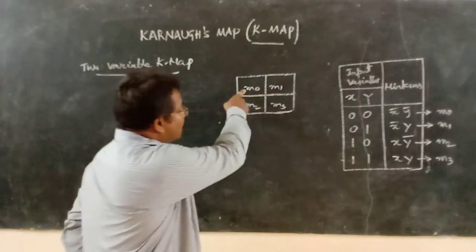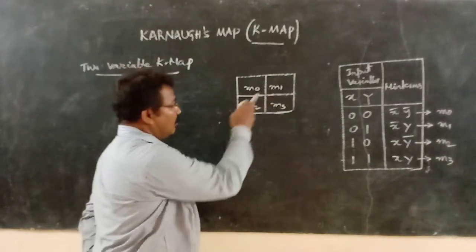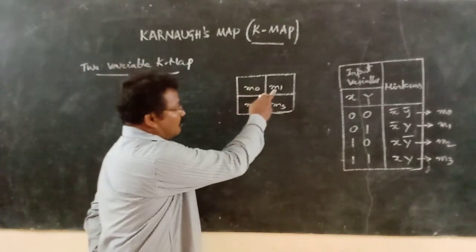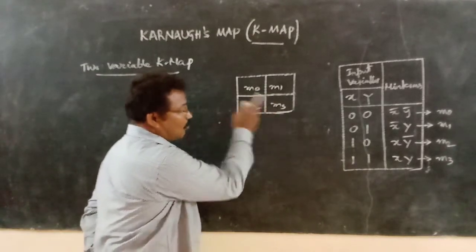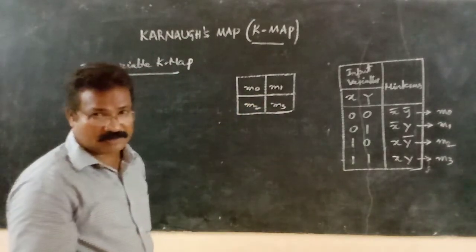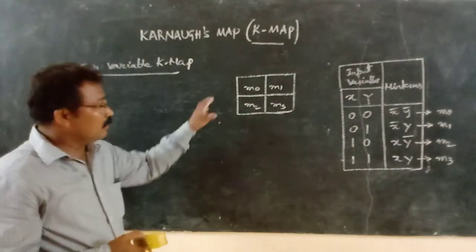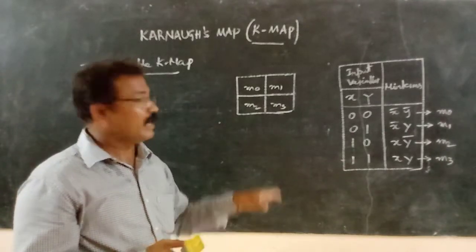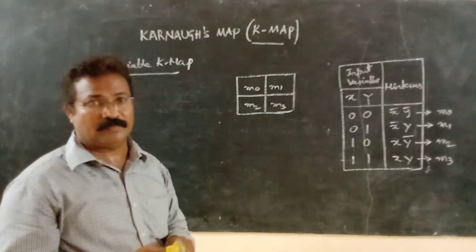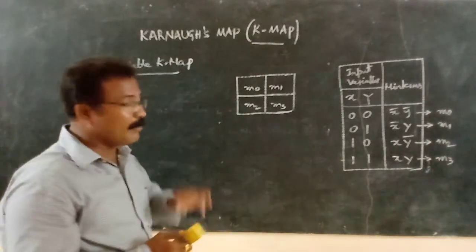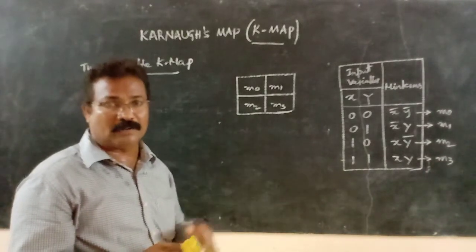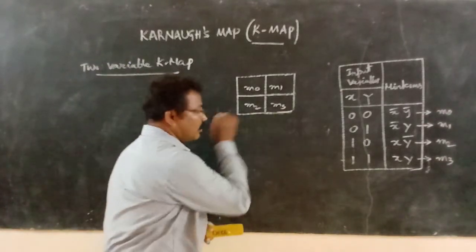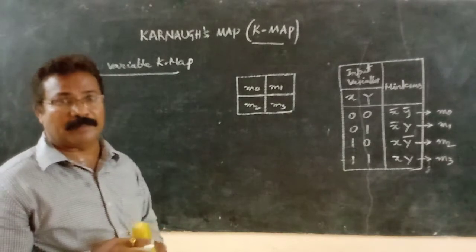Here M0 means first min-term, second min-term, third min-term, fourth min-term, or first max-term, second max-term, third max-term, fourth max-term, because each cell or each square specifies either a min-term or a max-term. So in a 2 variable K-map there are 4 min-terms. This is the format of the 2 variable K-map.